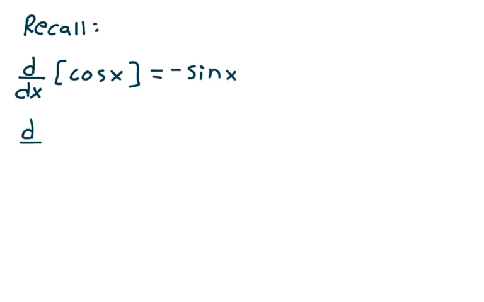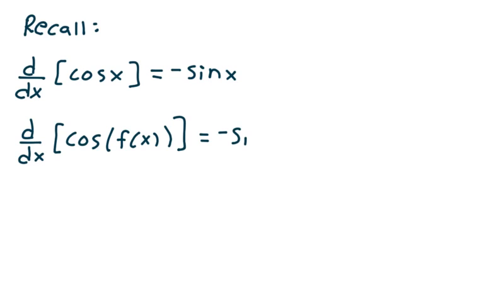Now, if I take the derivative with respect to x of cosine of f of x, well, I get the following. I get negative sine of f of x, and I'm going to take this and multiply by the derivative of the inside function. In other words, I'm going to multiply this by f prime of x.